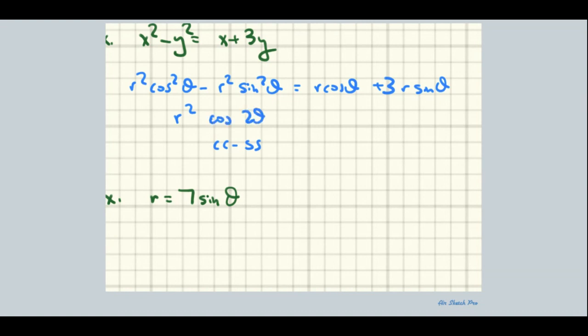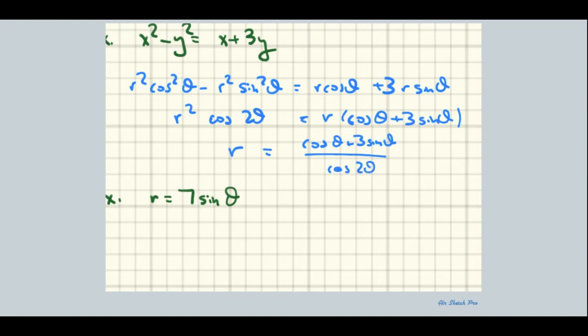Cos 2 theta equals r times cos theta plus 3 sine theta. Kill an r. I get r equals cos theta plus 3 sine theta over cos 2 theta.